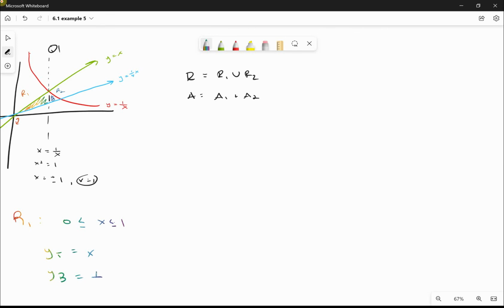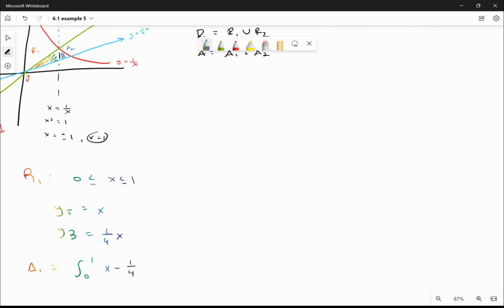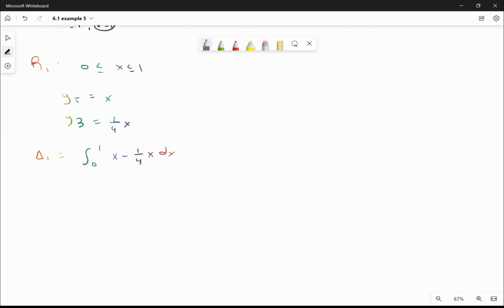So we have that A1 is equal to the integral from 0 to 1 of x minus 1/4 x dx. We can simplify this a little bit. That's equal to the integral from 0 to 1 of 3/4 x.